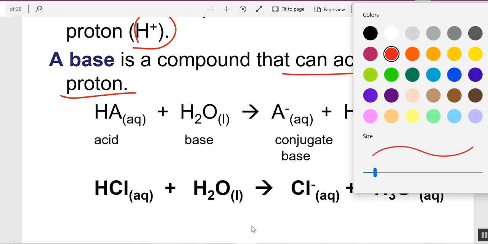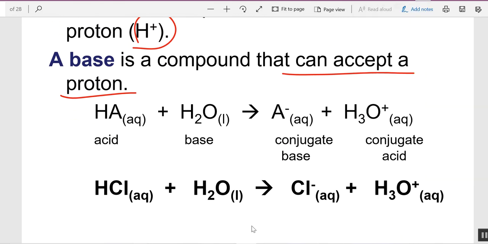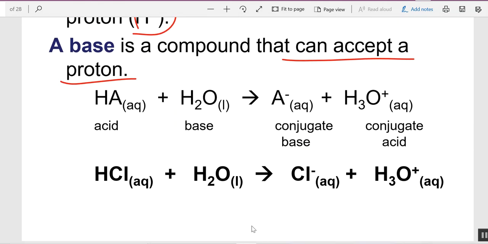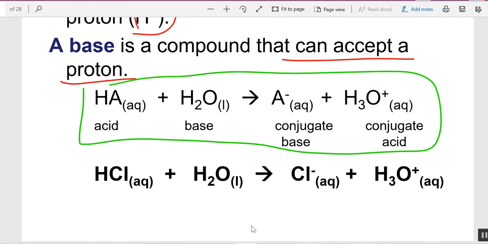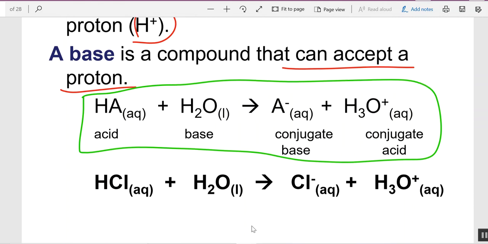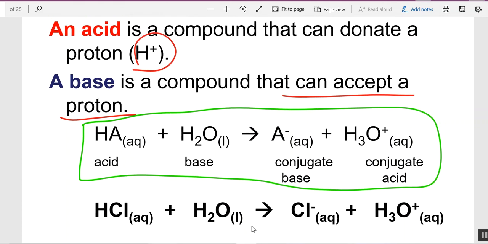Let's use a different color. In this equation, the one I just highlighted, according to this model, acid is any compound that can donate a proton. So this is the acid, because it's donating the H plus to water.